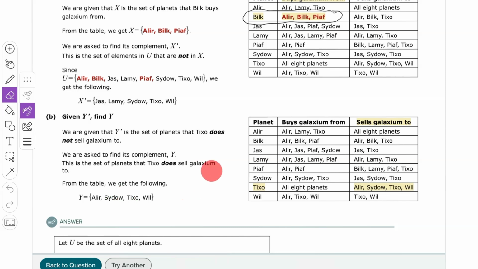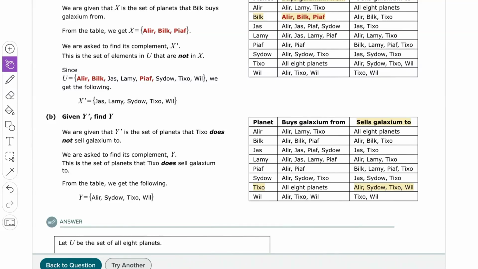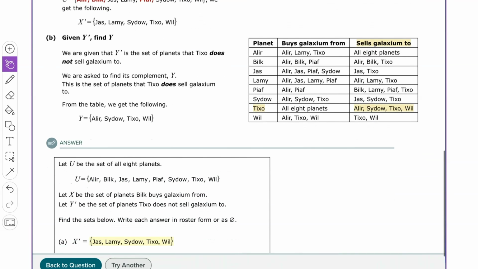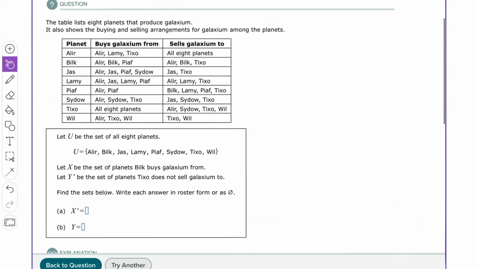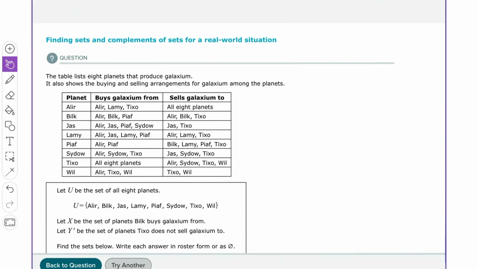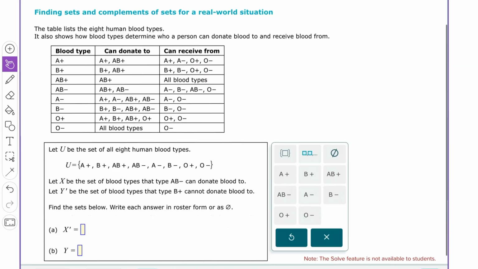So this is how you get your answer. All right? So we're going to actually try one. And you have to pay attention to the language, because it is tricky. I do understand that it is tricky.